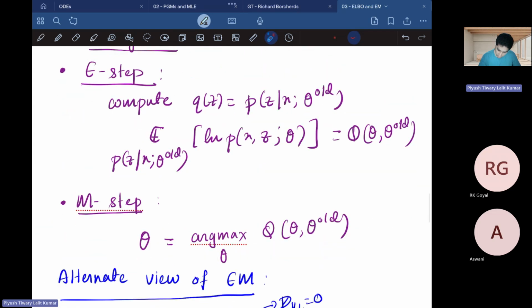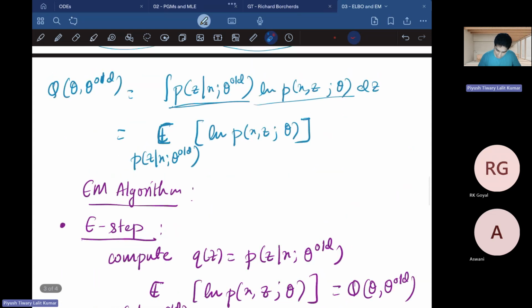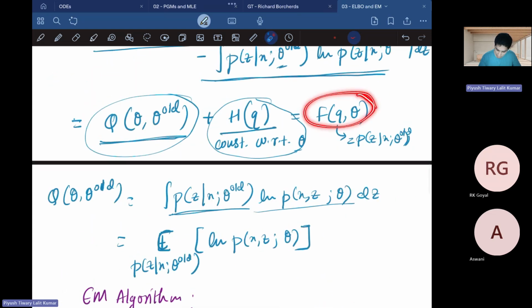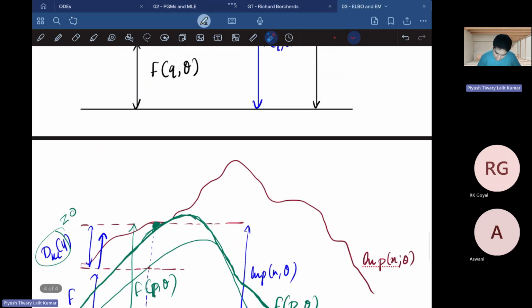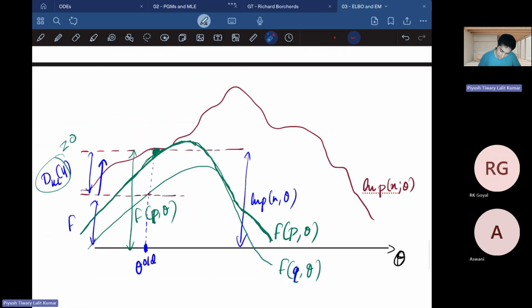You now have this q, theta comma theta old, which you can think of as f directly, because this thing doesn't depend on theta anyway. So in the M step, on this curve, do a gradient ascent and maximize the value of this f.